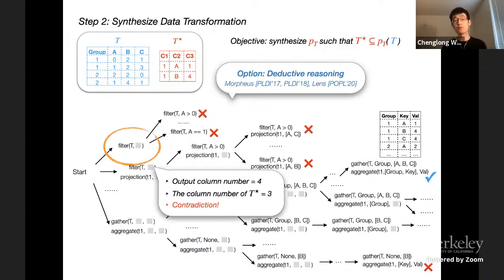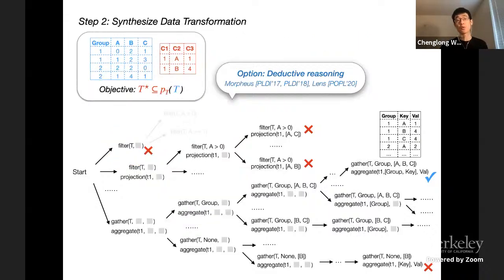Filter will only remove some rows from the table, so it will not change the number of columns in the input. Thus the output should have column number 4. But according to our requirement, the actual output has column number 3, and then there is a contradiction. So we can prune this program away immediately, avoiding searching this branch.